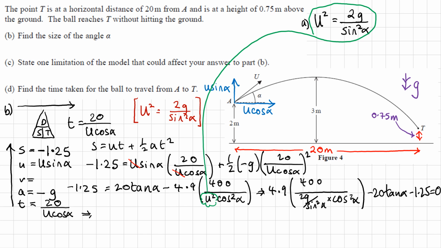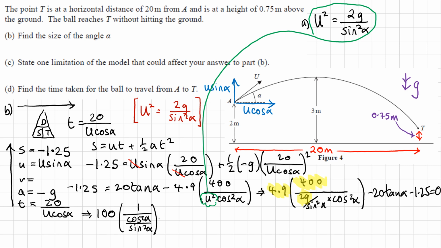Okay, let's see what we can do from here. I'm going to deal with the numbers, the 4.9, the 400 and the 2G. If I work that out, that actually just becomes 100. Then what that leaves me in the bracket is 1 over cos squared alpha over sine squared alpha at the bottom. So you may know what's going to happen next.